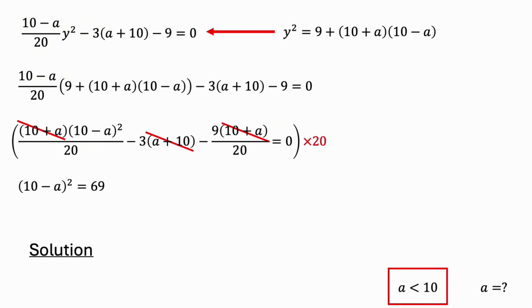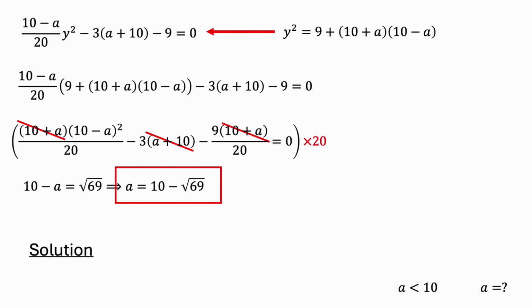Since a is less than 10, taking the square root gives us 10 minus a equals square root 69. Therefore, a equals 10 minus square root 69, which is the solution to our problem.